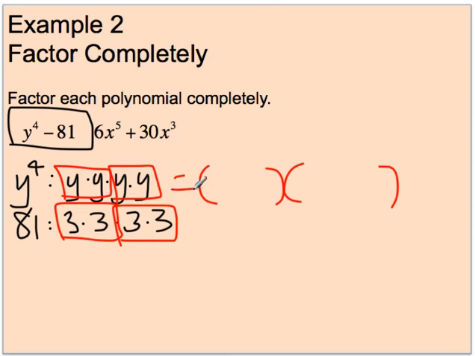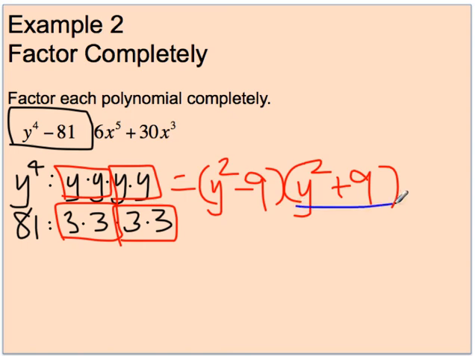We're going to start by writing this as a simple difference of 2 squares. For one we have y squared minus 9, and for the other one we have y squared plus 9. Now we don't have a formula for the sum of 2 squares, but we certainly have a formula for the difference of 2 squares.